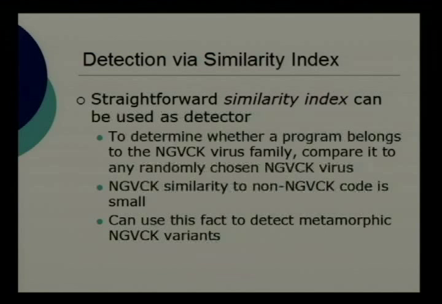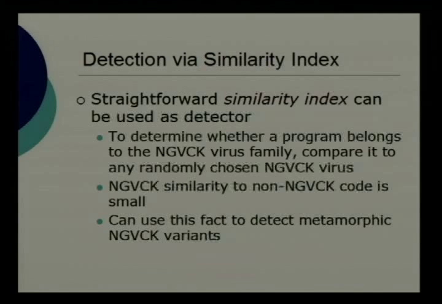If the similarities among the family are lower than the similarity we just obtained between program A and that virus, we can say that this program is most likely a virus. So this is how we use a similarity index to classify a program.